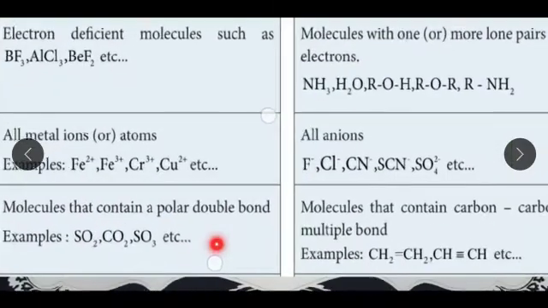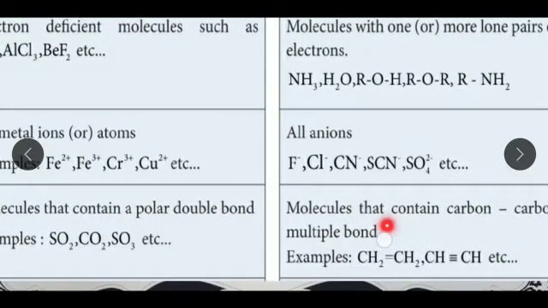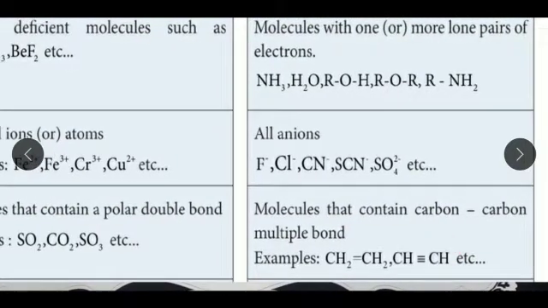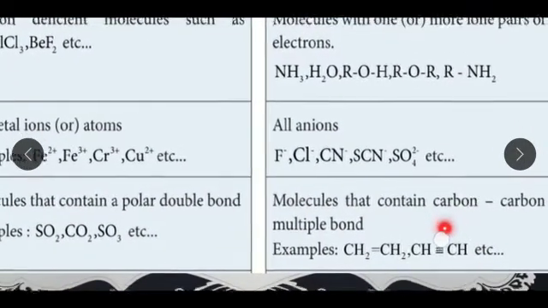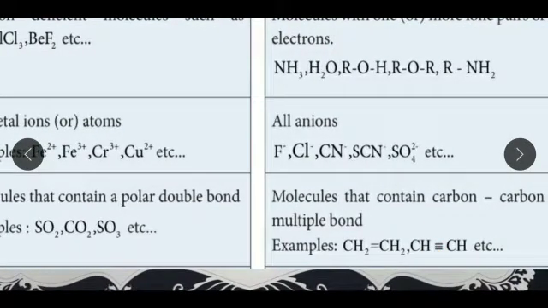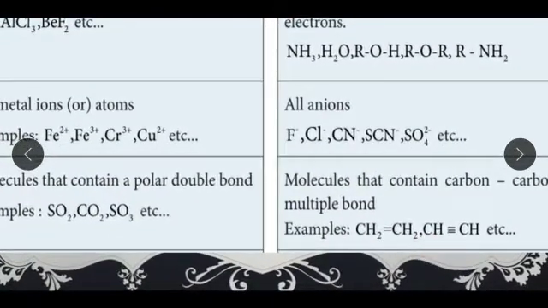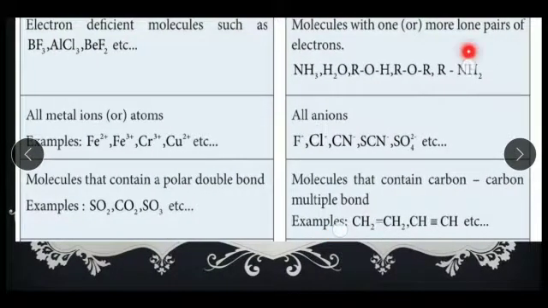We know the molecular formula of CO2: C double bond O and another double bond O, so they have polar double bonds. And molecules that contain carbon-carbon multiple bonds, such as CH2=CH2 and CH≡CH, ethene and ethyne, are Lewis bases.